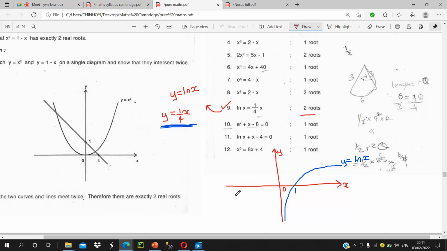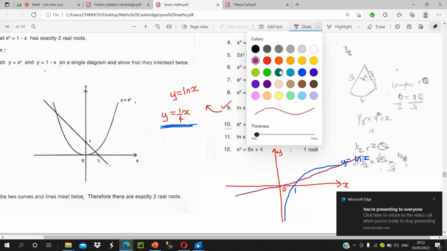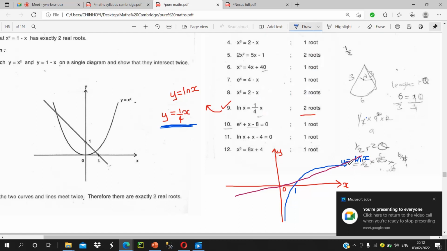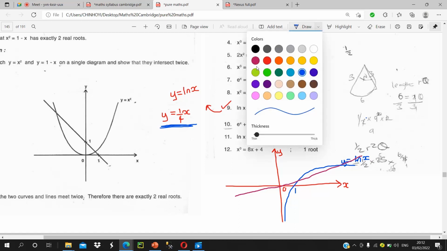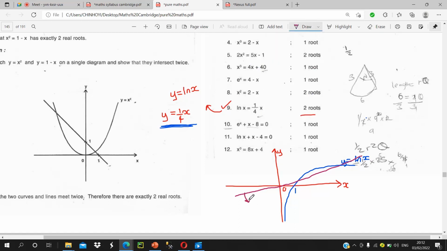So it will be something like this now. For quarter, right? So this one is the graph for y equals quarter x.